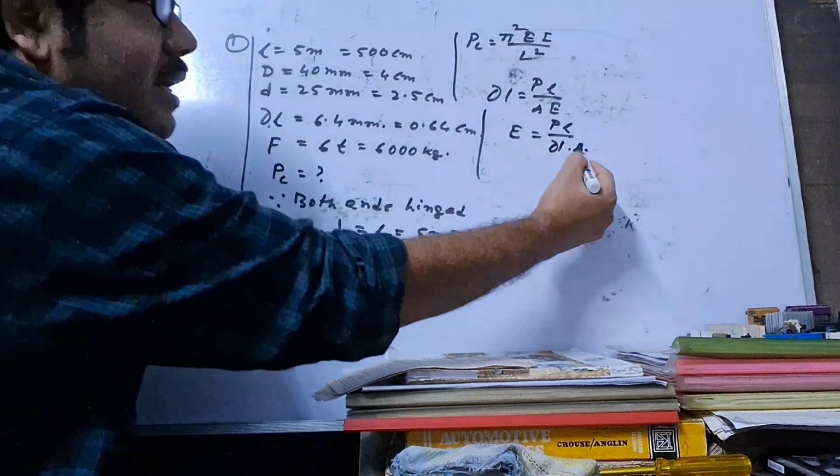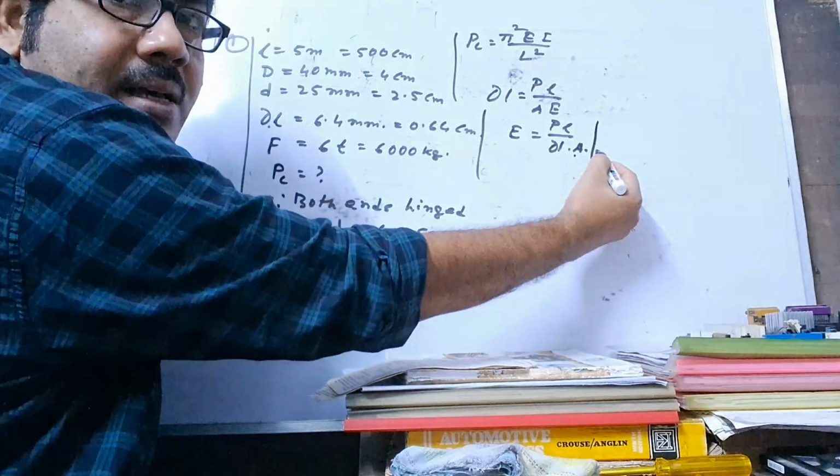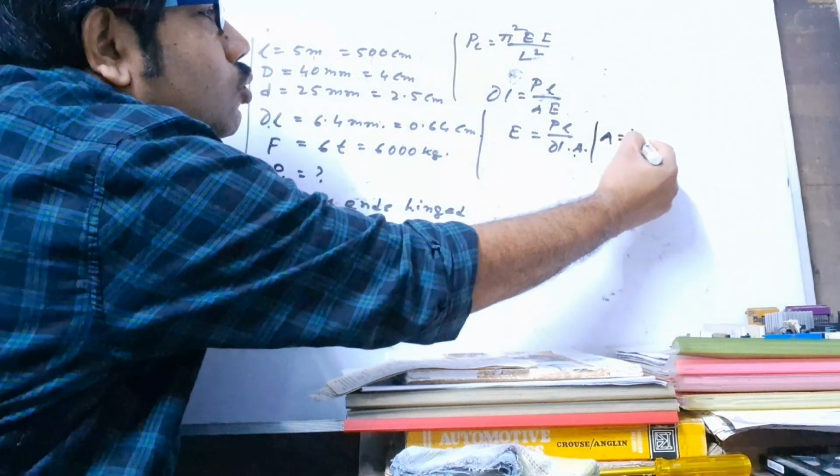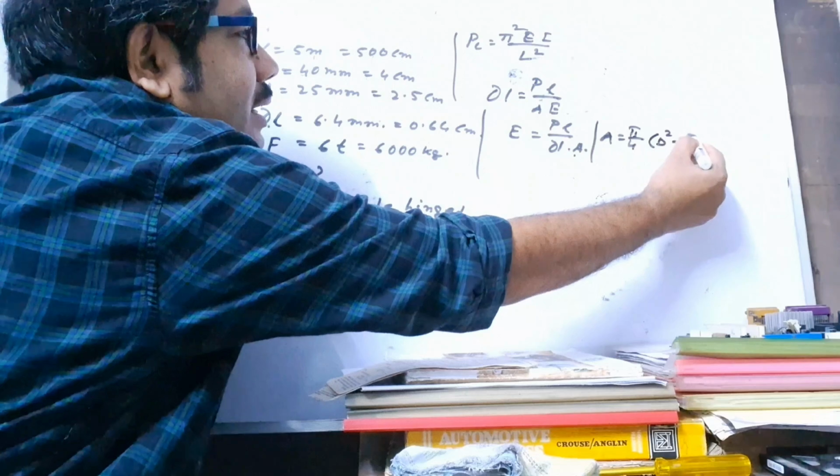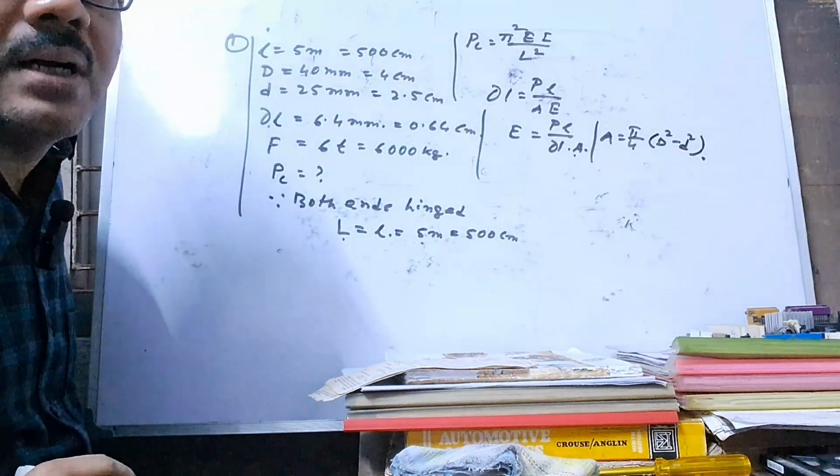And here also A equal to pi by 4 into capital D square minus small d square.